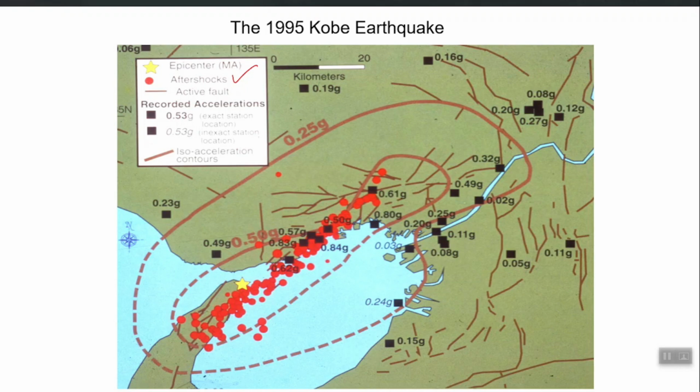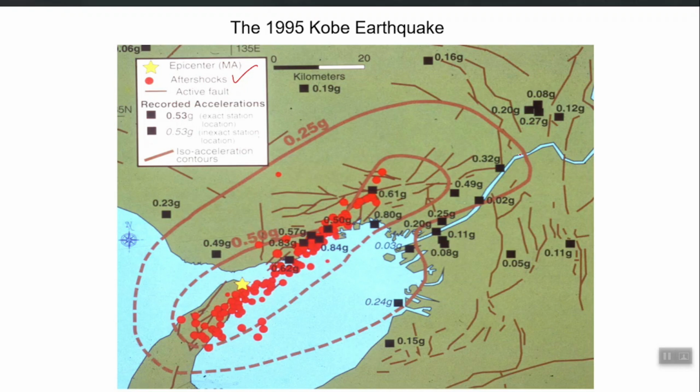So whenever you see a PGA map, it is not necessarily a hazard map for the future. It can be showing the values experienced in some past earthquake, right? So please do not confuse the intensity map of any past earthquake with the hazard map, which shows the expected PGA values for future earthquakes, right?